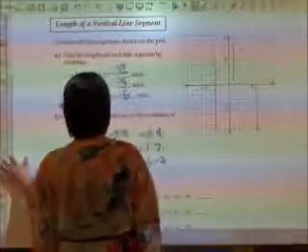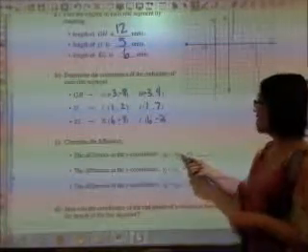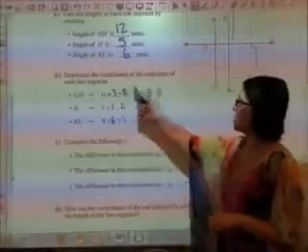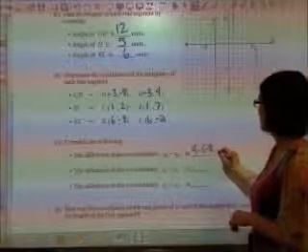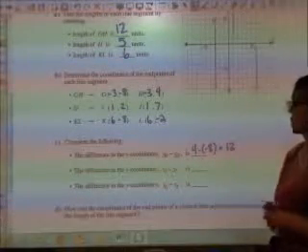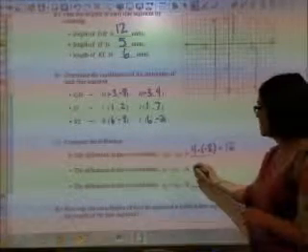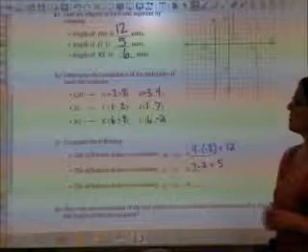So now we're going to complete the following using these coordinates. We're going to find the difference in the y coordinates. We're going to go H minus G. So that's in the y coordinates. H minus G, so 4 minus -8, which equals 12. If I go J minus I, 7 minus 2, I get 5.